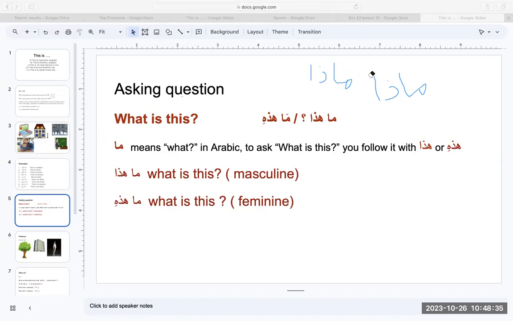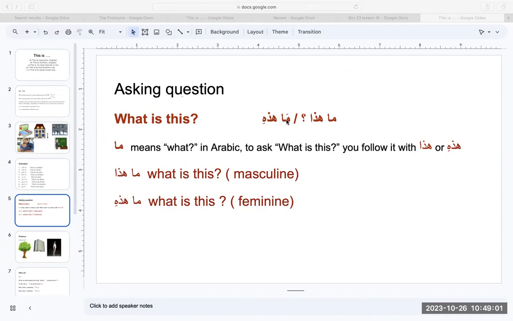But once we go to ask about a verb, you will use ماذا, such as ماذا تعمل, ماذا تأكل: what are you eating, what are you doing. Whatever question you have in English, you will use "what". But in Arabic, we say ماذا to ask about a verb and ما to ask about a noun.